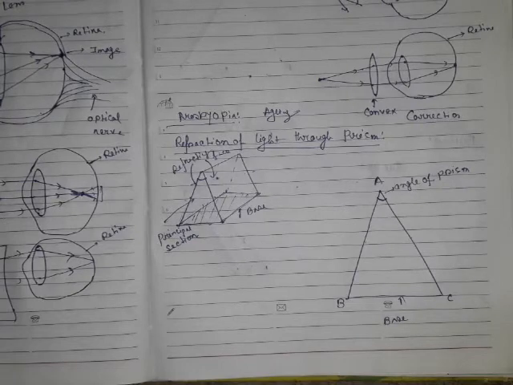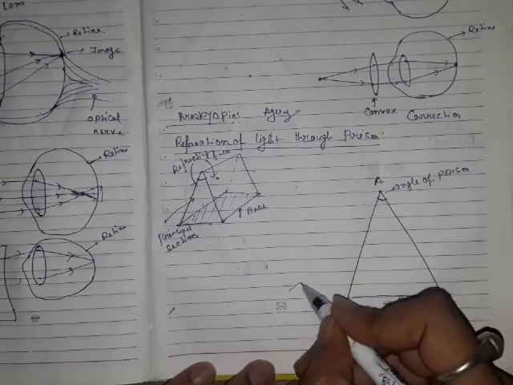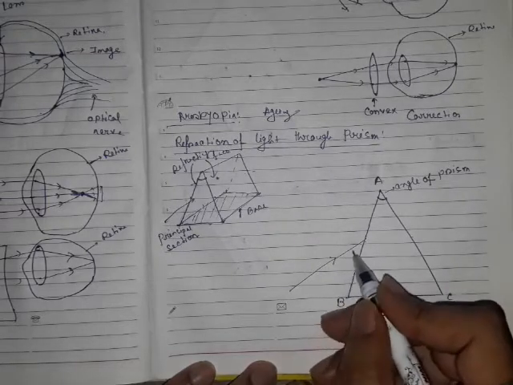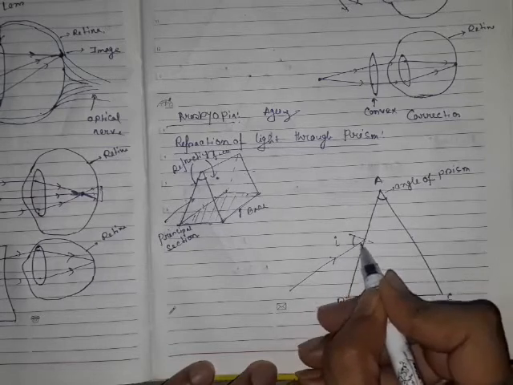Now we are going to learn about refraction in a prism. Take a ray of light incident on the first surface with an angle i.